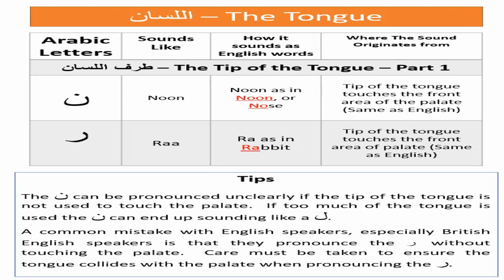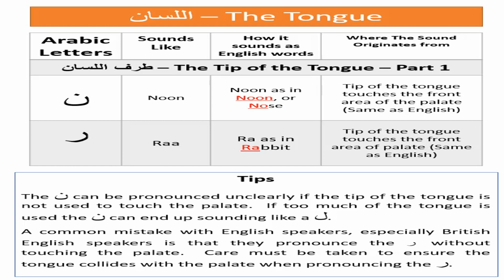So the next letter in order, meaning where it comes, is the noon, which we use the tip of the tongue to pronounce, touching the hard palate area, the front part of your palate. So you've got the two areas in the top of your mouth. One is the gum and one is the palate.